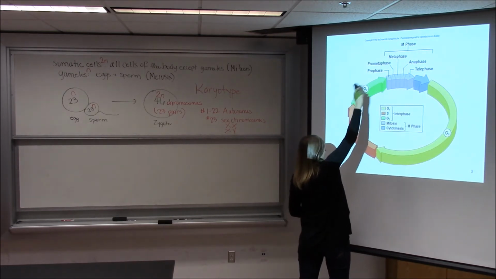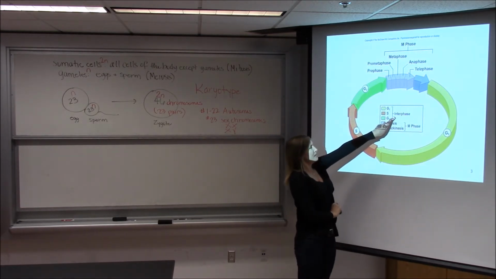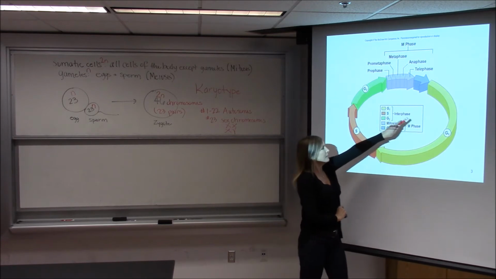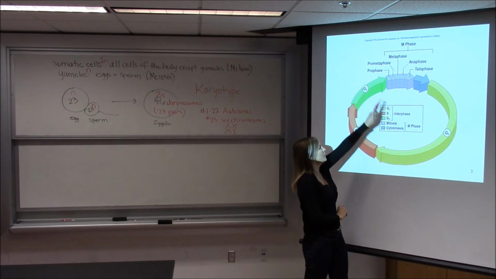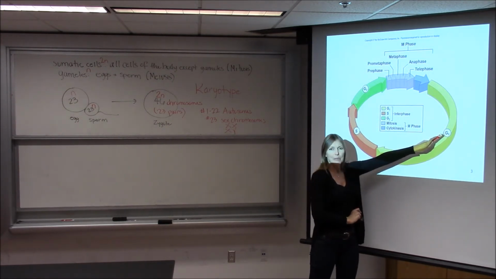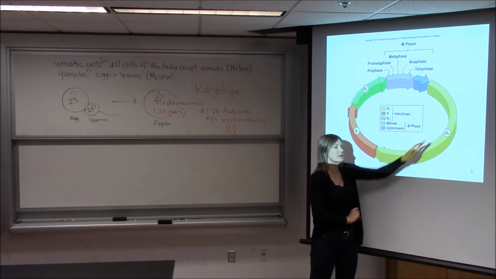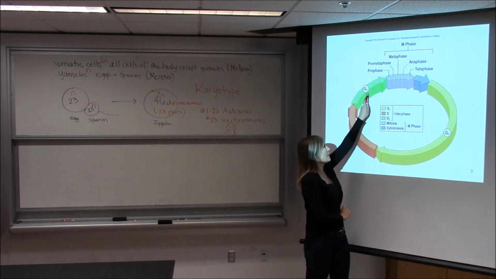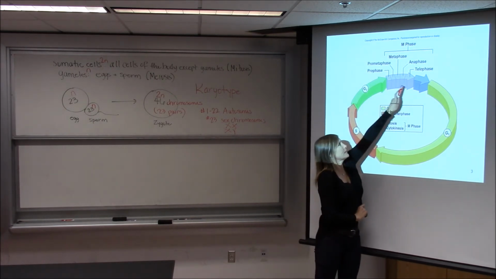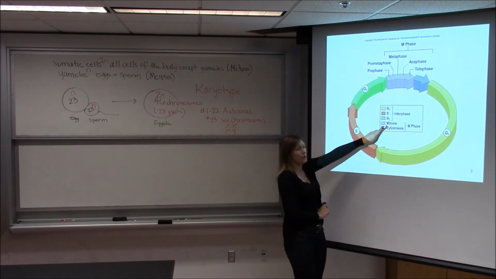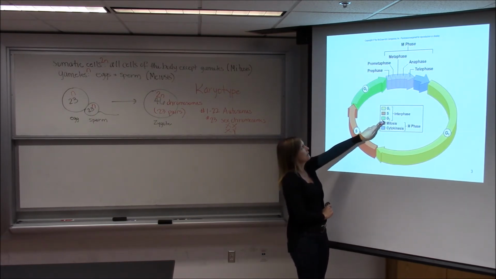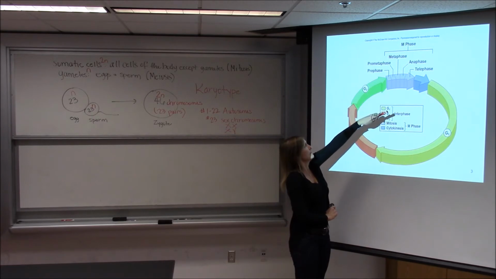And that's the clock. This first phase is called interphase, and it includes G1, S, and G2. G stands for gap. This is gap phase 1, S, gap phase 2, and then this is the M phase. You can see that the M phase, in this case mitosis, has a lot of subphases.